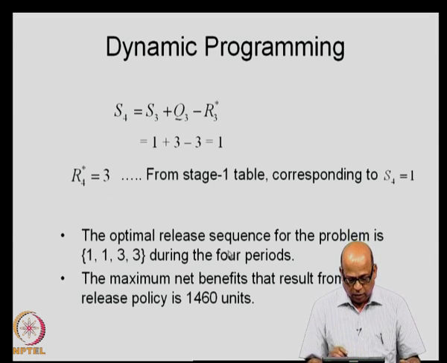So, the optimal release sequence for the problem is 1, 1, 3, 3, which means that the release in the first time period is 1, second time period is 1, third time period is 3 and fourth time period is 3.